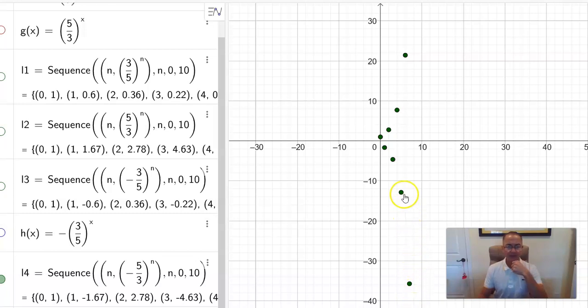So does this diverge to infinity? Well, these diverge to infinity, these diverge to negative infinity, but they're all part of one sequence. So that one sequence does not diverge to infinity or negative infinity. We will say that this sequence simply diverges.